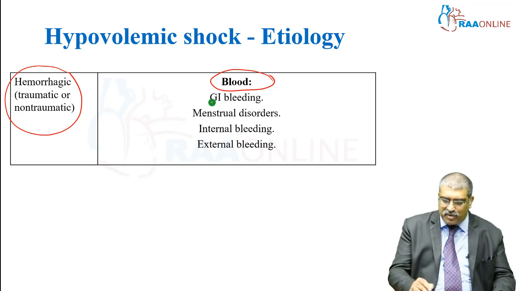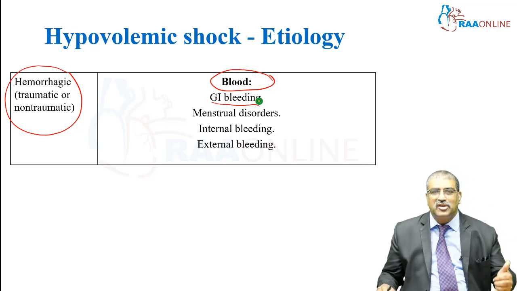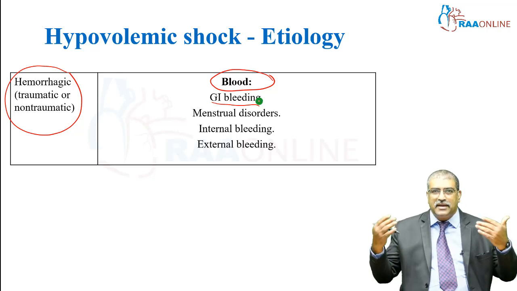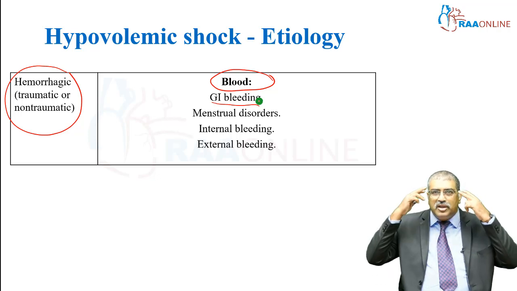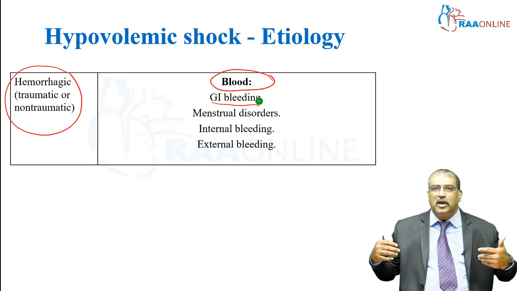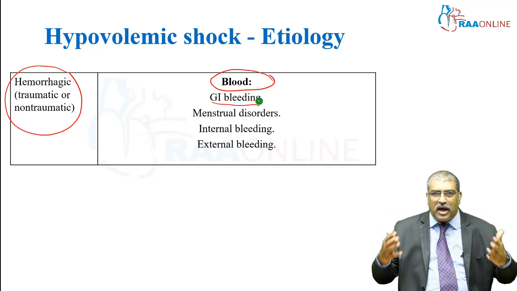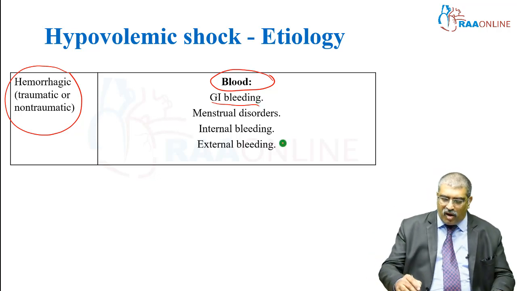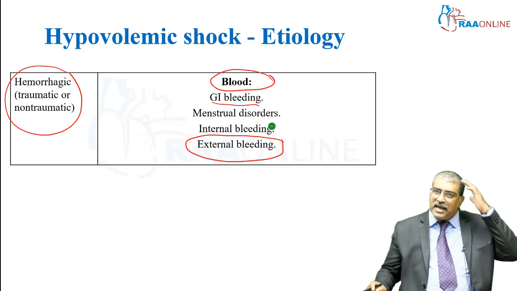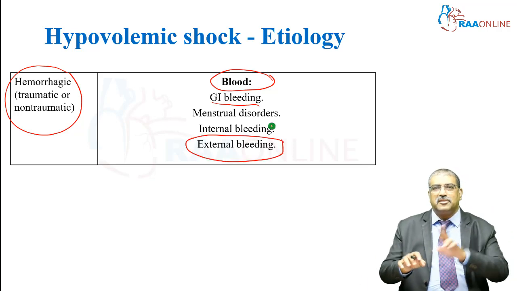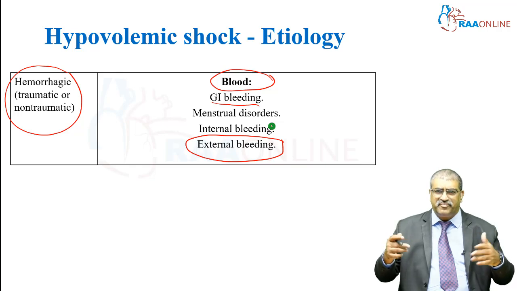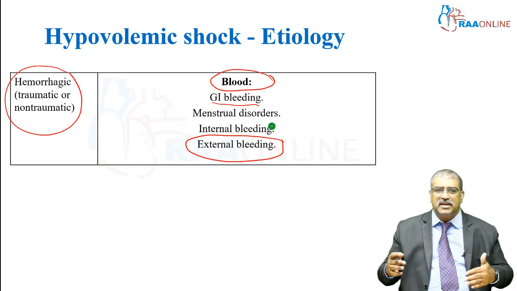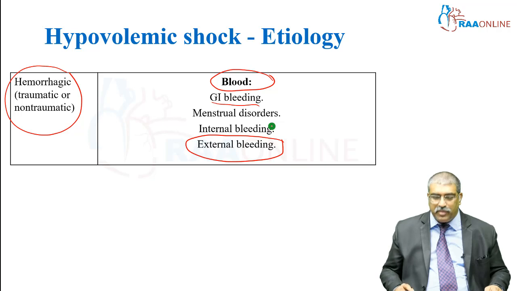Here, it can be due to a GI bleed, menstrual disorder, internal bleeding like something in the esophagus or in the brain, or retroperitoneal bleeding. Those things, again, the blood is lost, or an external bleeding like scalp injury or a penetrating fracture, or some huge skin laceration, or something which is an external bleeding.